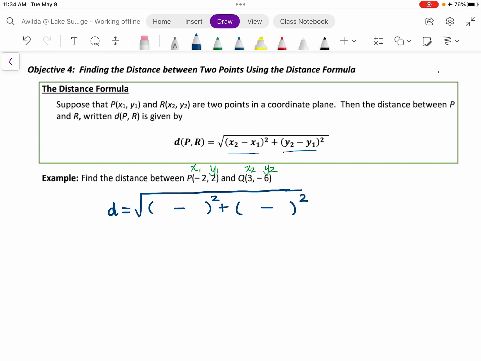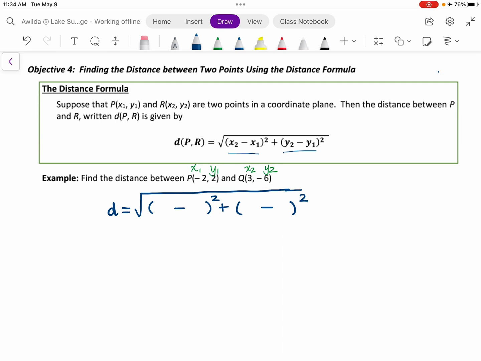So doing this in advance helps me to avoid some careless sign errors. So addition in the middle, you're going to be subtracting within the parentheses, squaring those differences, and then after you're done adding those squares, then you're going to take the square root.